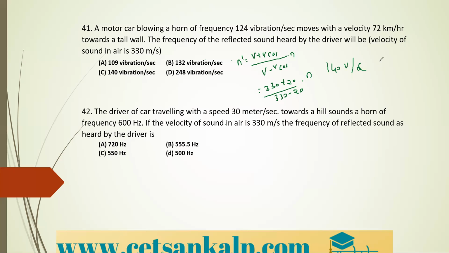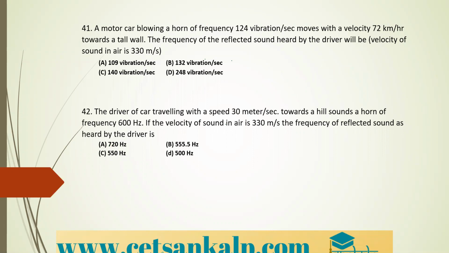So it is similar to the previous question. You just substitute the same terms we used in the previous question. If you use the same formula and simplify it, you will get option A, that is 720 hertz. You just use the same formula and calculate. Option A is the correct option here, that is 720 hertz.